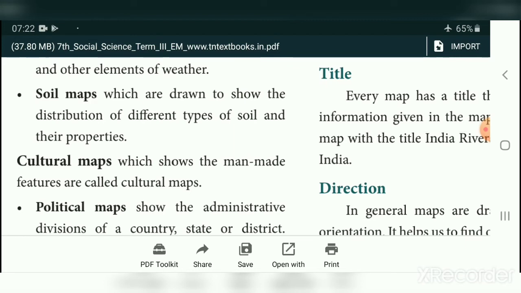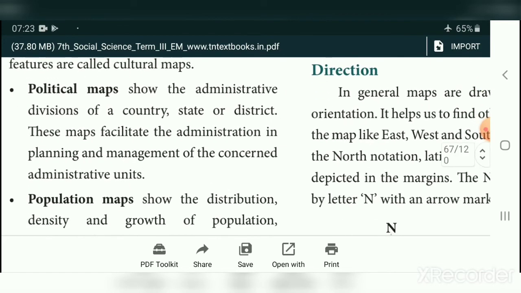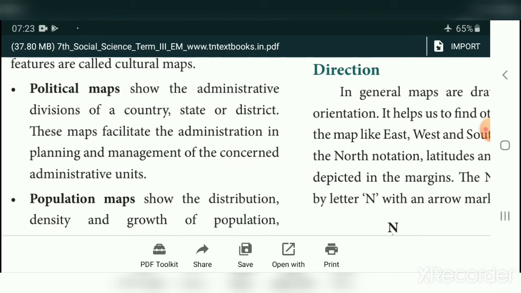Cultural maps show the man-made features like roadways, railways, and important buildings on the map. This we call cultural map. Political map shows the administrative division of a country. We can directly ask for the political map in the shop.